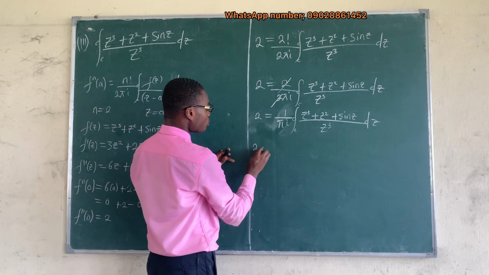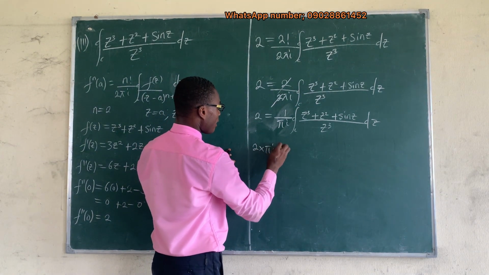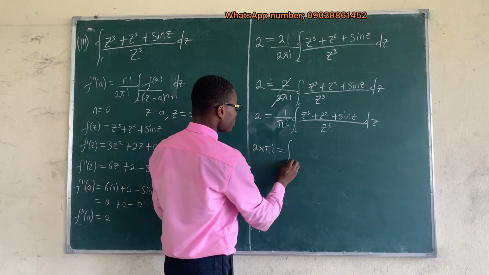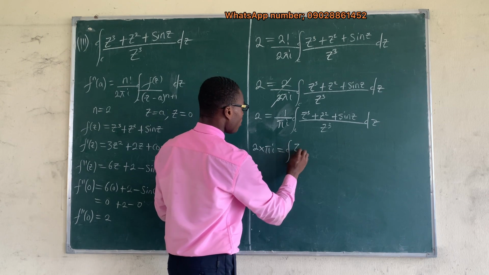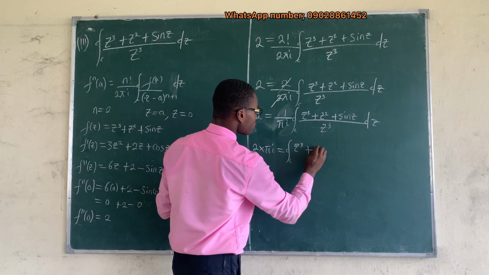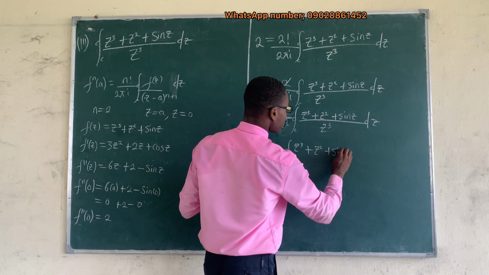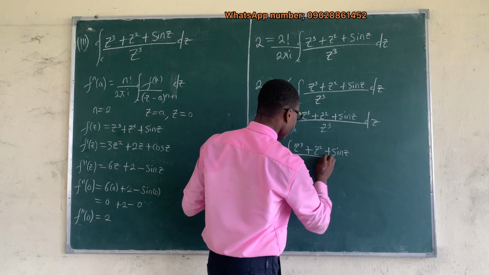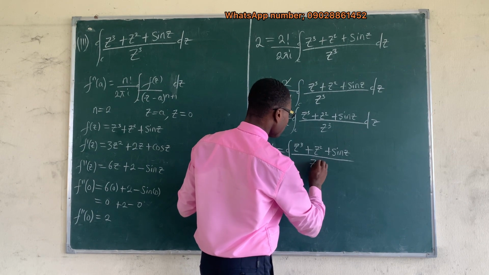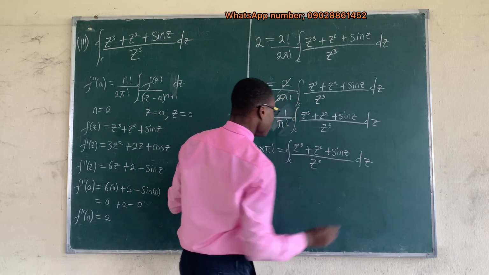We have 2 times pi I will be equal to the integral, the curve is closed, of z cubed plus z squared plus sine z over z cubed dz.